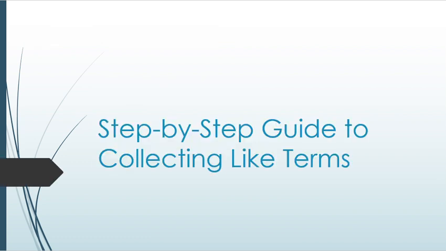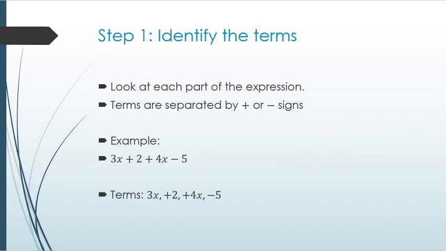So this is a step-by-step guide to collecting like terms, okay? Step one, identify the like terms. So look at each part of the expression, okay? And you know that terms are separated by the plus or the minus signs already. So what you want to do is just identify which ones are similar, okay? In my example here, I have 3x plus 2 plus 4x minus 5. It might be best for you to write out what the terms are first.